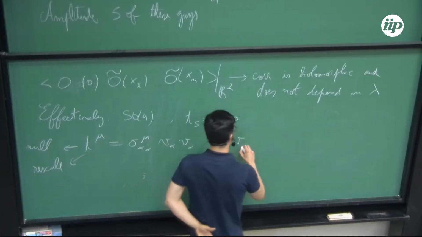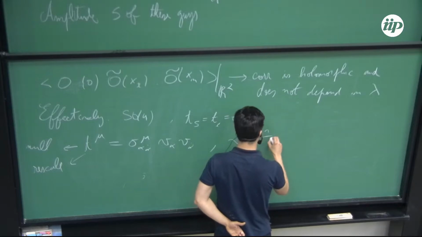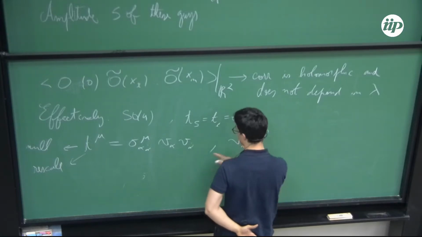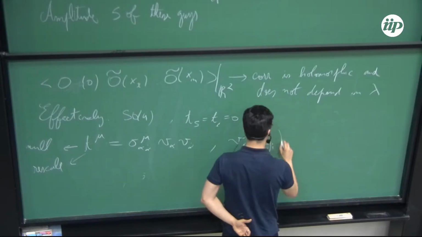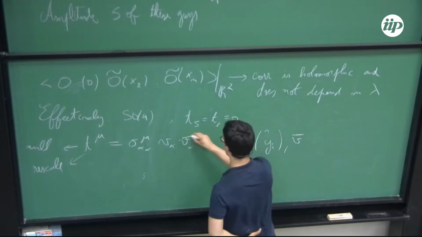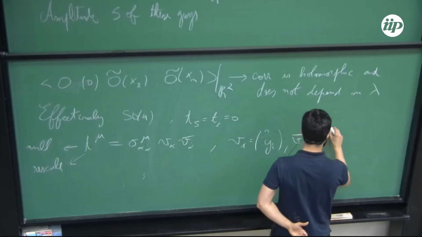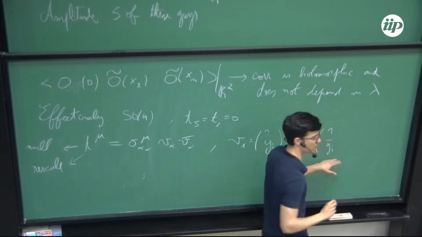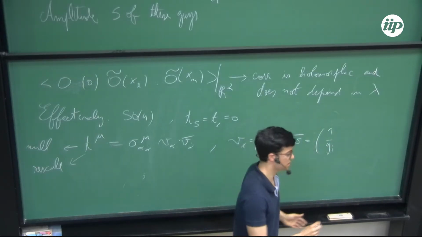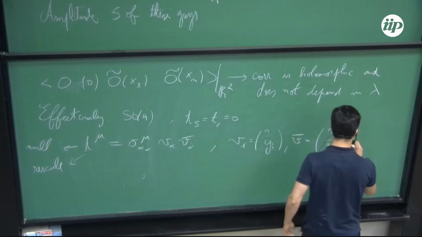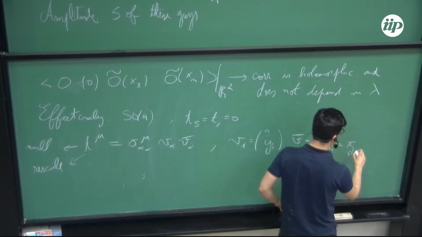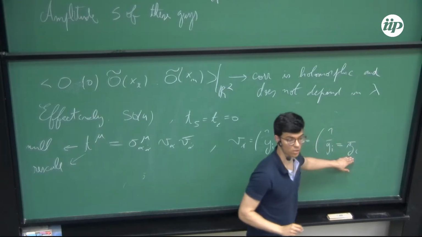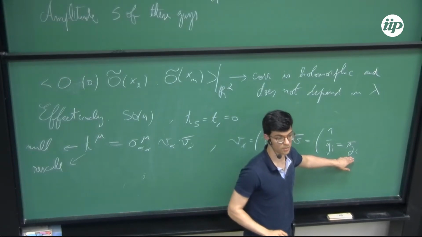We can set these v_i's to 1, sorry. So these are 2-dimensional things, some coordinates, and this v bar to be some y_i and y bar_i. What the chiral algebra twist requires is that these coordinates, y bar_i, become the anti-holomorphic coordinate in the 2-dimensional plane.